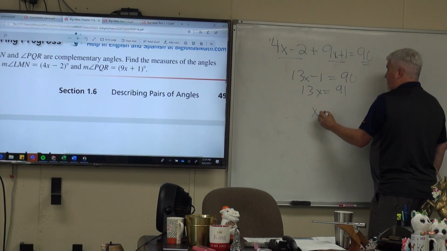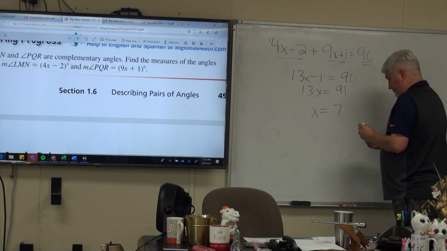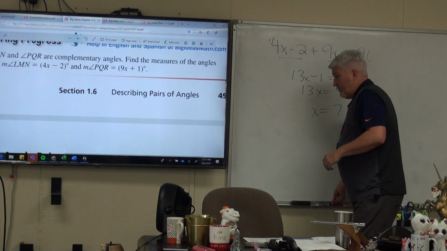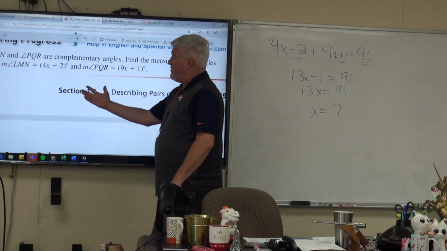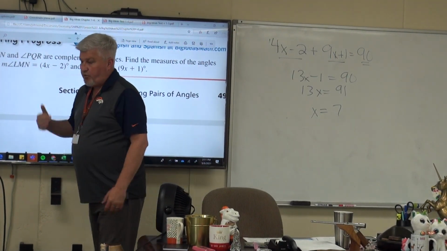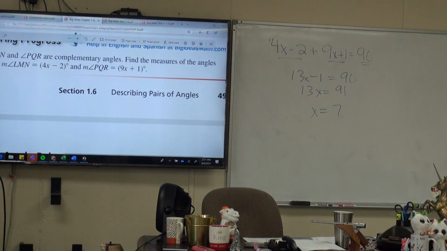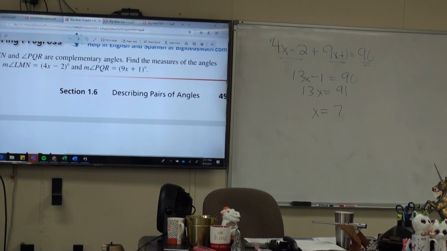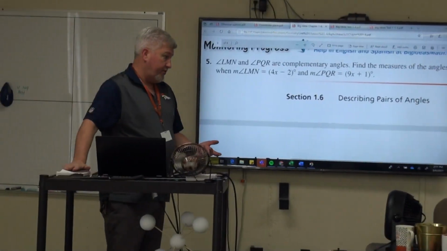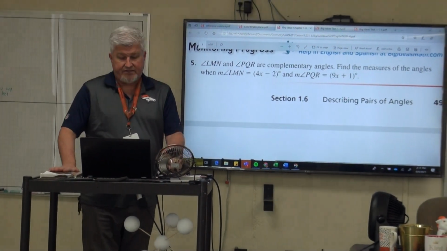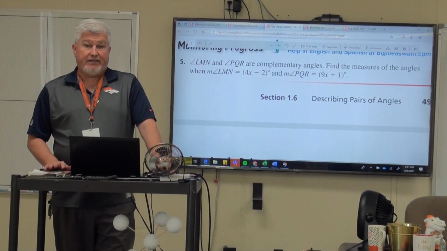Divided by 13, x equals 7. So plugging that back in, the first angle here, 4 times 7 is 28, minus 2 is 26 degrees, and then the other one, 9 times 7 is 63, plus 1 is 64 degrees. Okay, so 64 and 26 degrees are your angle measures.